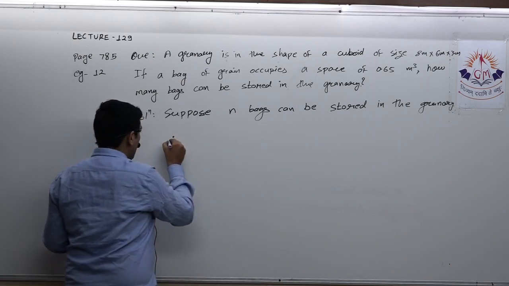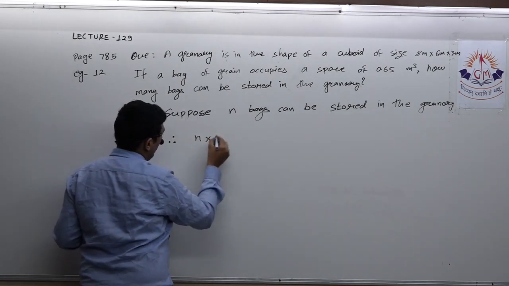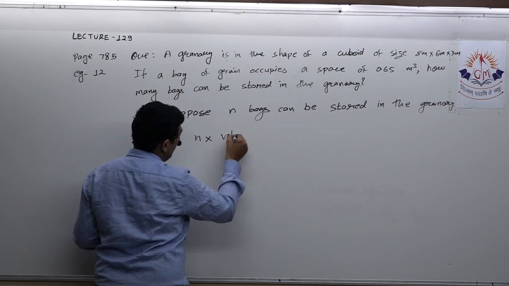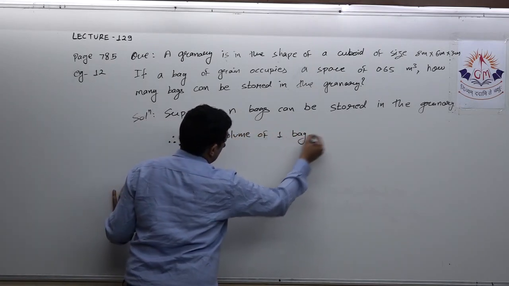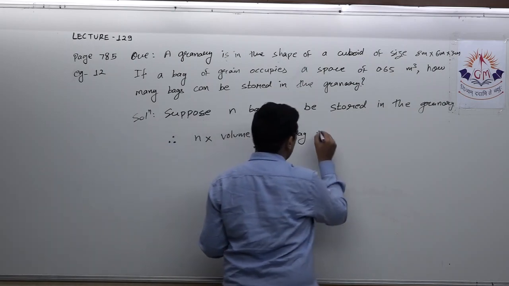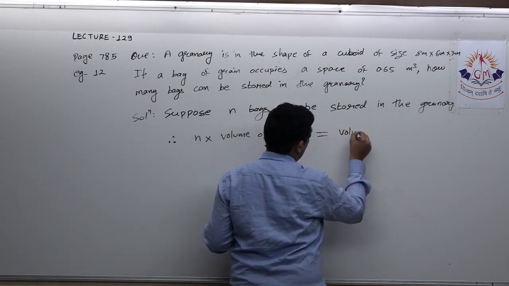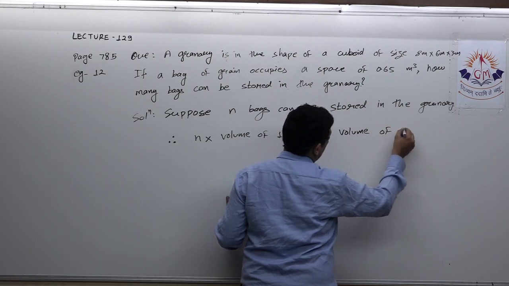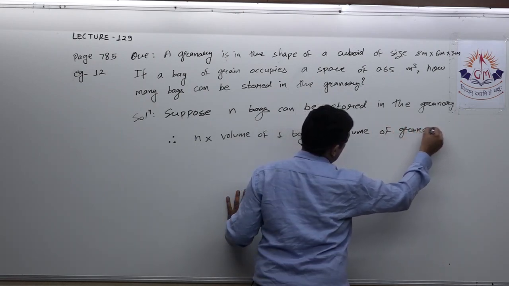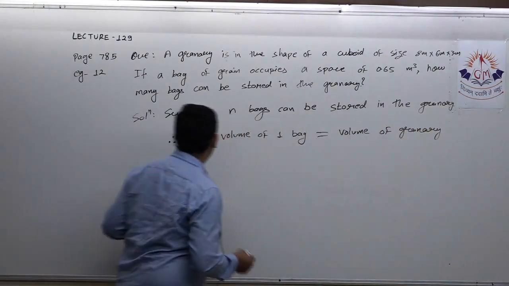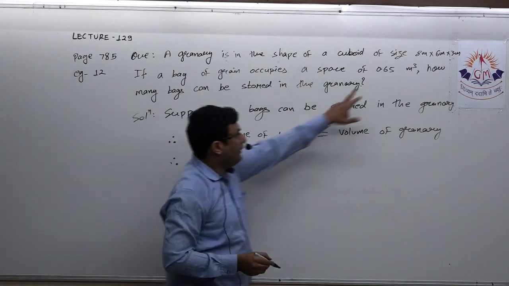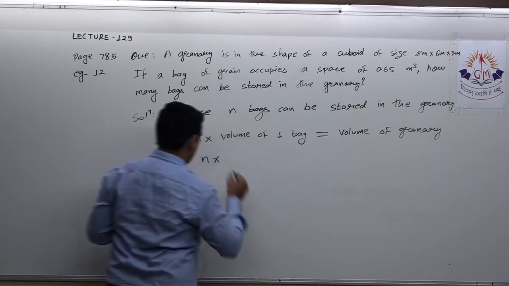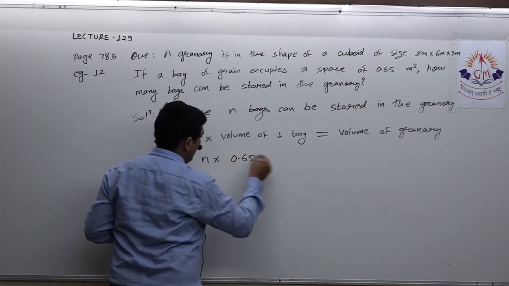Therefore I can say n multiplied by volume of one bag is equal to volume of granary. Now n multiplied by volume of one bag is given as 0.65.